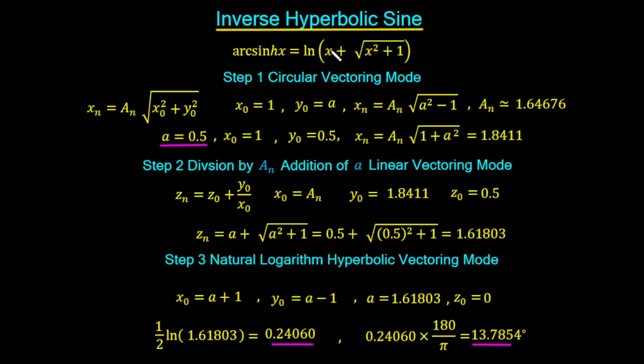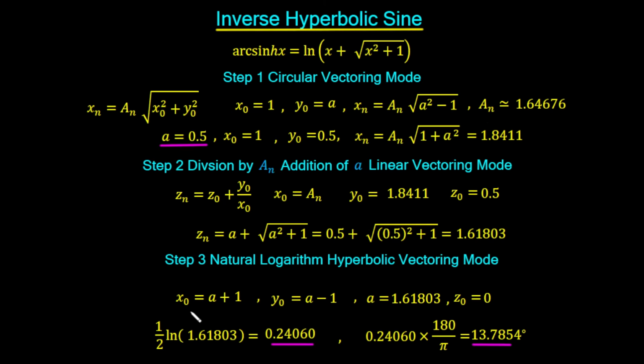Now we have to go through and work out the natural log of this, and that is done in steps 3 and 4. So in step 3, we use the hyperbolic vectoring mode. We set our x0 to a plus 1, y0 to a minus 1. And remember, our value for a now is the output from the previous stage, which is 1.61803, and our z0 is equal to 0.